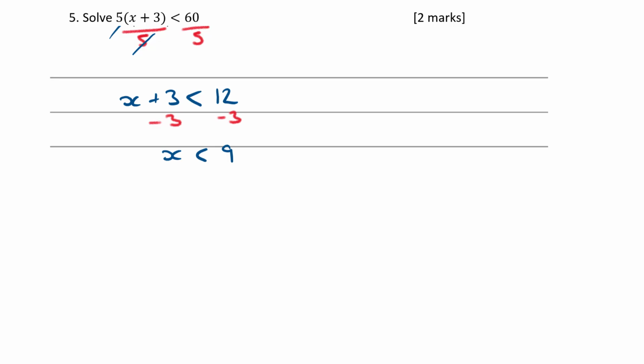Okay, so like I say, you can solve these exactly as you would an equation. Just one thing to be careful of is dividing through by negative numbers, because that flips the sign round if you do that. So either avoid dividing through by negative numbers, or remember that if you do, you'll have to flip the inequality sign round the other way.